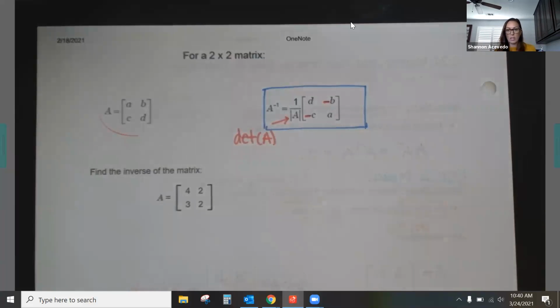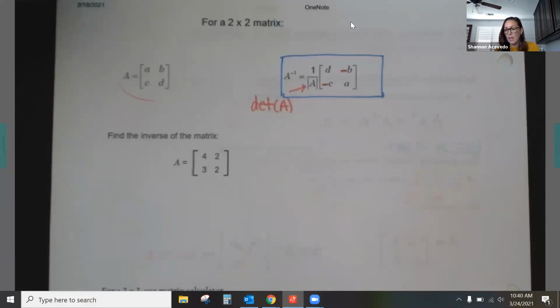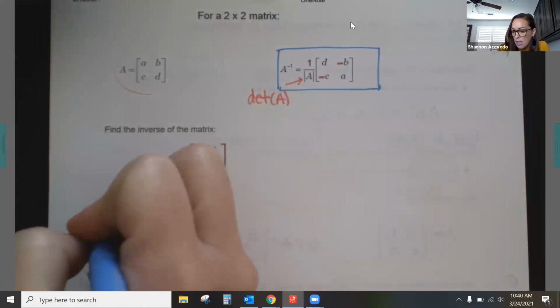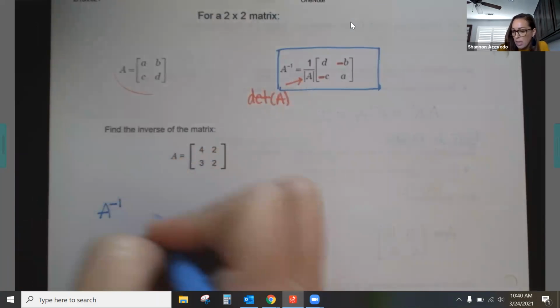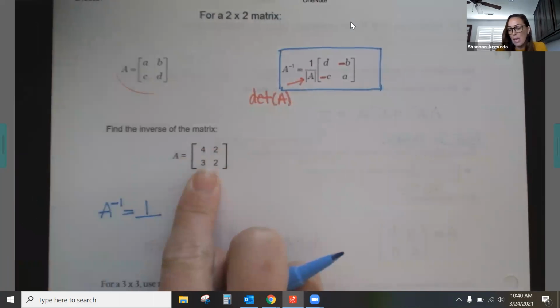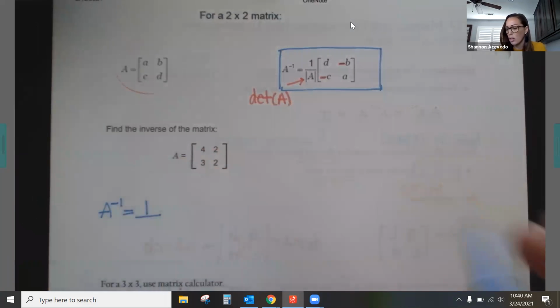Okay, so let's look at this. Let's piece it together. To figure out the inverse of this matrix, my A inverse is equal to 1 over the determinant of A. Okay, so I need to figure out this determinant.